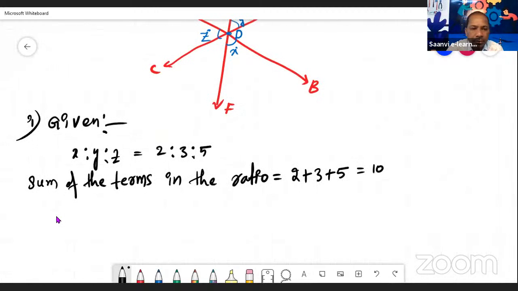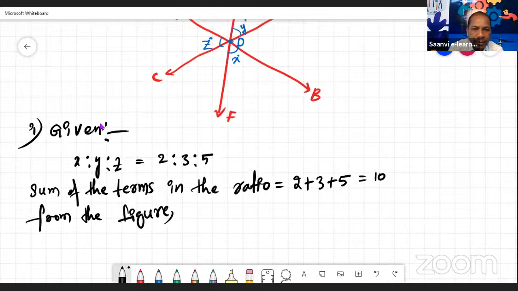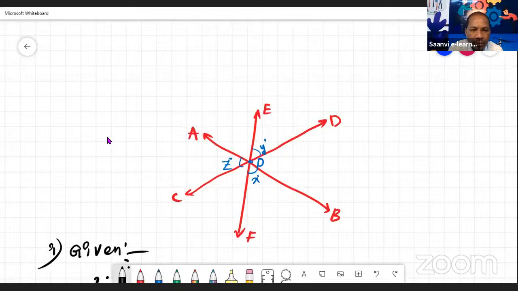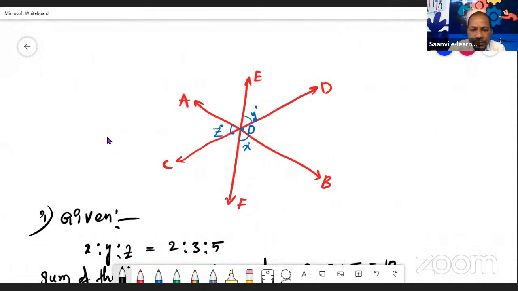And from the figure, see, if we observe the angles, suppose angle X is there. This angle X, quite opposite what angle is there? Angle X quite opposite this angle is there. So this X angle and this angle both are vertically opposite angles.